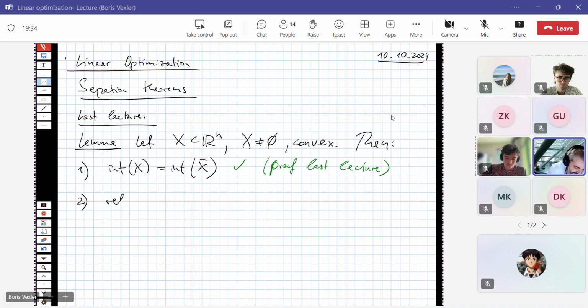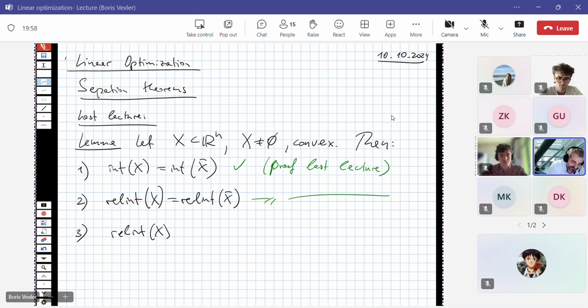We proved that the relative interior of X and the relative interior of X bar are the same. And also this statement was proven last lecture, and it remains to prove the third thing, which is a kind of the other way around: if we take the relative interior of X and consider its closure, then it is the same as the closure of X.